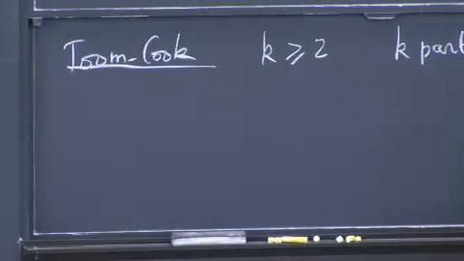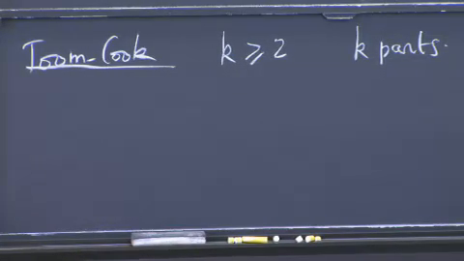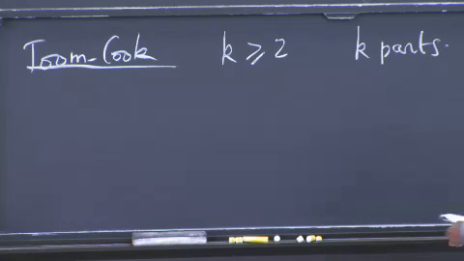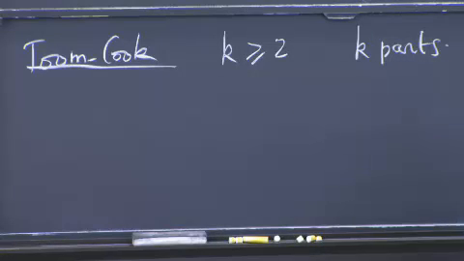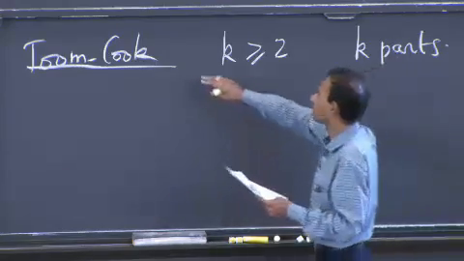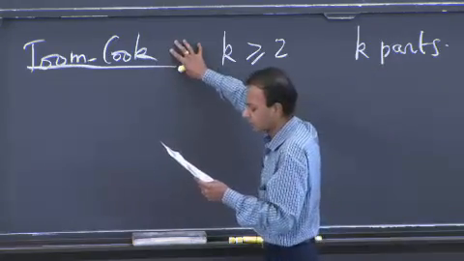So the Toom-2 or the Toom-Cook 2 algorithm is basically Karatsuba, but you have Toom-3, Toom-4, and so on. And I'm not going to give you a lot of details on this. We don't expect you to work on this, at least in 6.006.